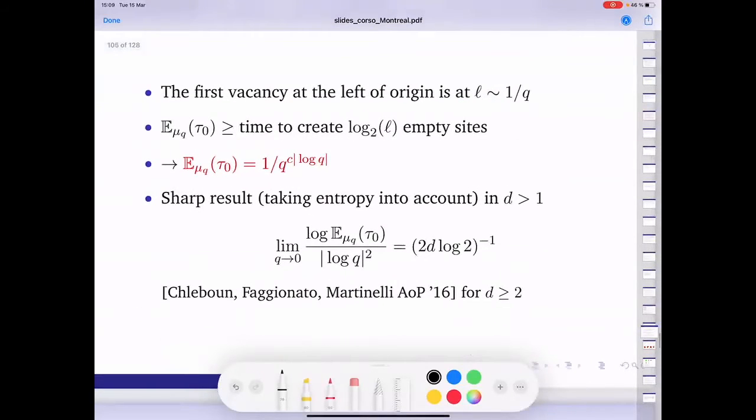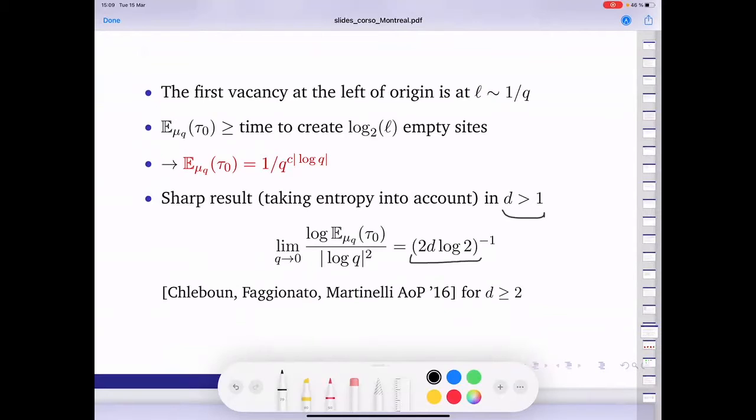Okay, and I want also to say that also in dimension bigger than 1, sharp results for this East model are known with the exact constant in the scaling. They are due to Alessandra Faggionato and Fabio Martinelli, among others.